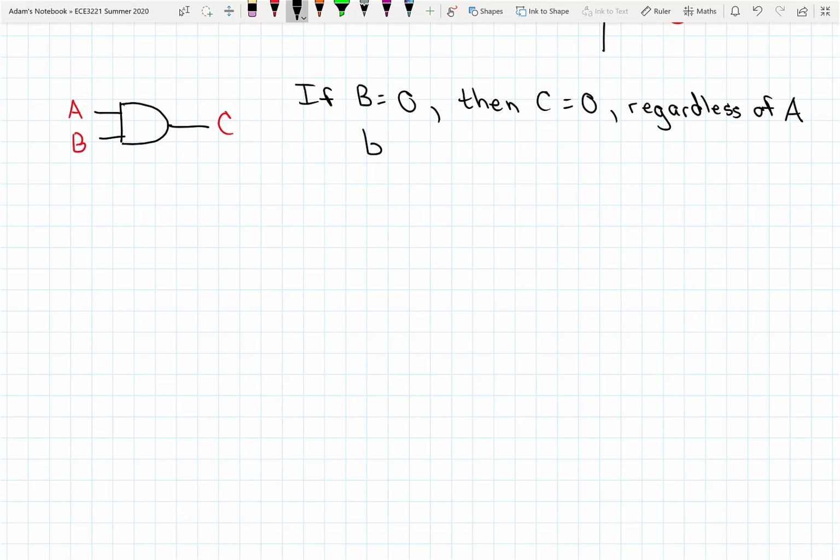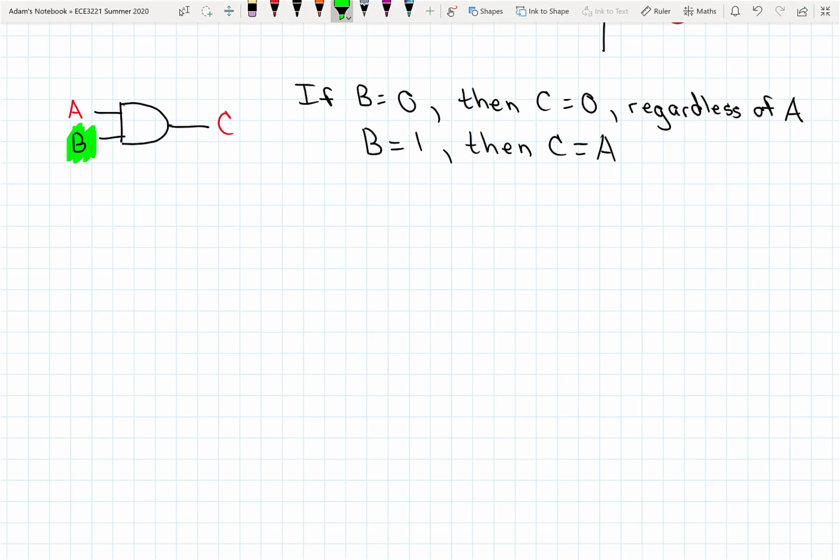Right? If B is equal to 1, then what's C going to be equal to? Well, C is actually going to be equal to the state of A. Right? If my signal B is high, A will determine what the state of C is. Right? If A is low, well, I don't have them both high, so C is going to be low.